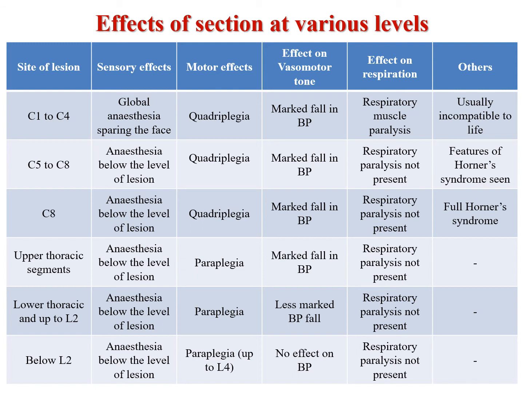Then at the upper thoracic segments between T1 and T6, and then the lower thoracic segments up to the second lumbar that will have other effects, and below the level of the second lumbar. So these are the 6 broad headings in which I have divided the site of lesion of the spinal cord.